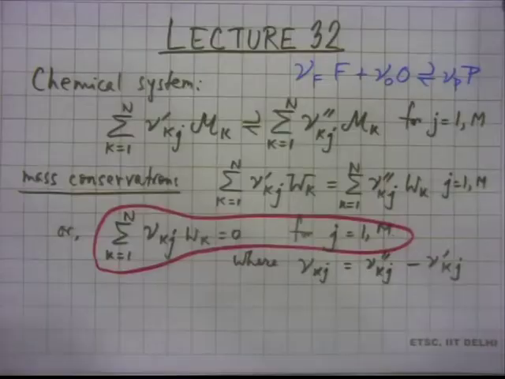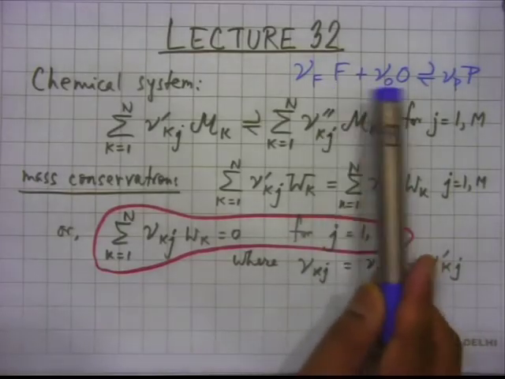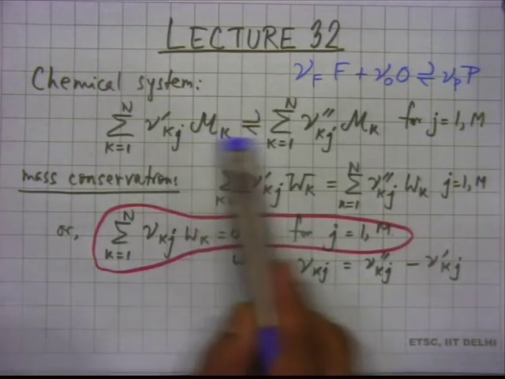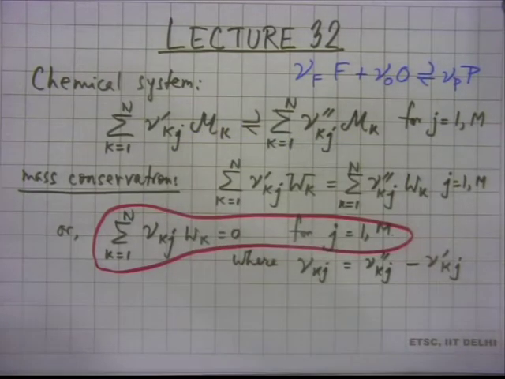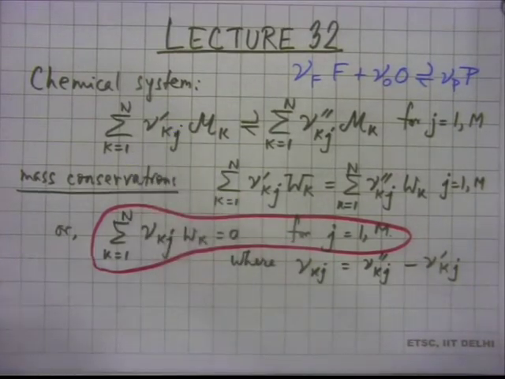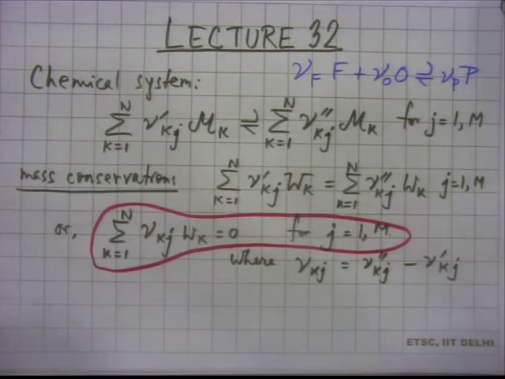So, the chemical system is fuel plus oxidizer giving you products, and this set of reactions, and these are the coefficients. Nu primes are on the reactant side, nu double primes are on the product side, but of course it is reversible. So, you have a reversible sign.